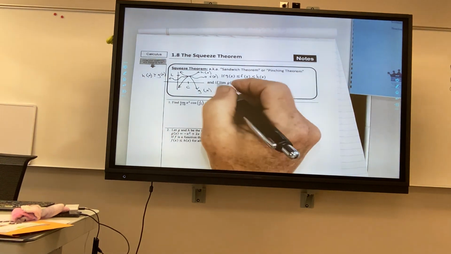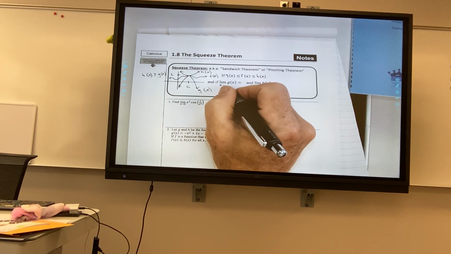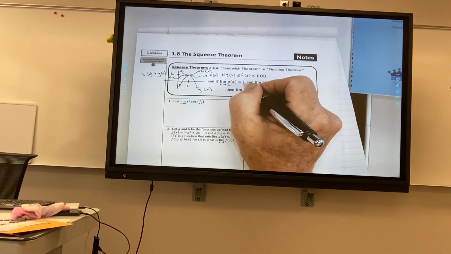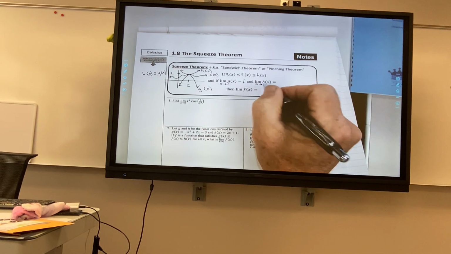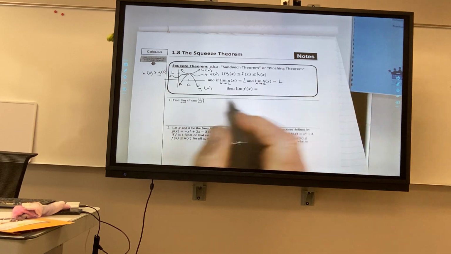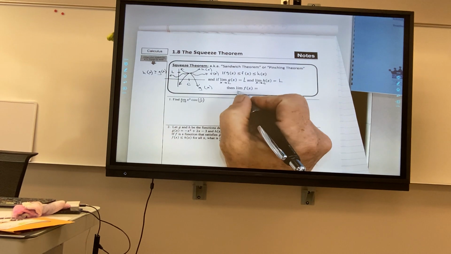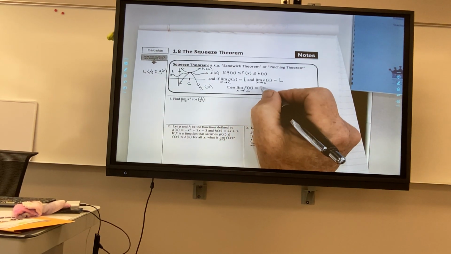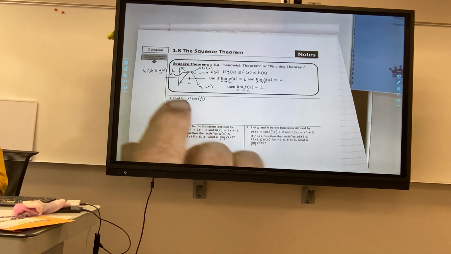And if the limit of g as x approaches c is equal to L, and the limit as x approaches c of h of x is also equal to L, what has to be true is the limit of f of x as x approaches c also must equal L. And that kind of makes sense.